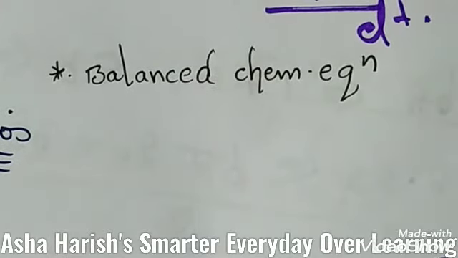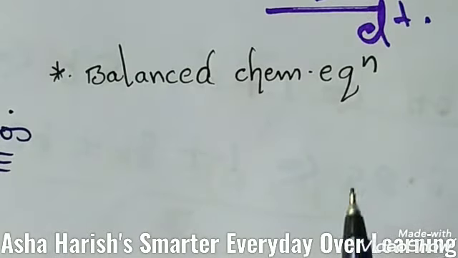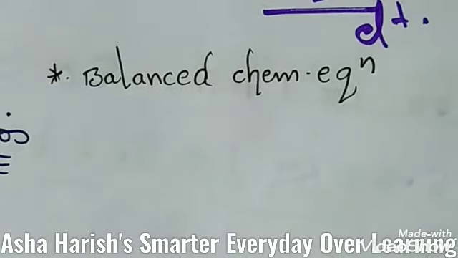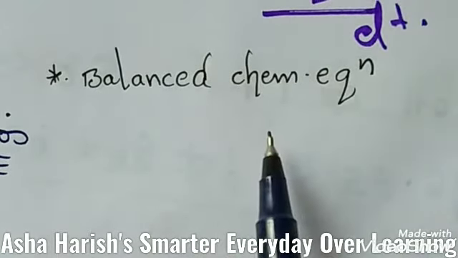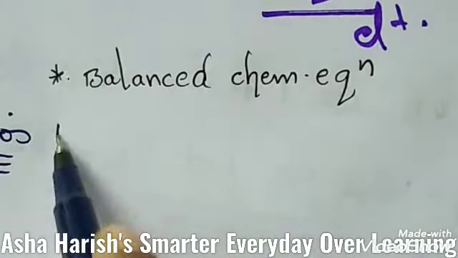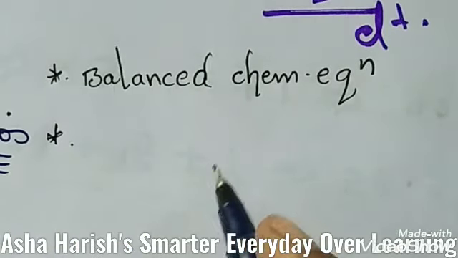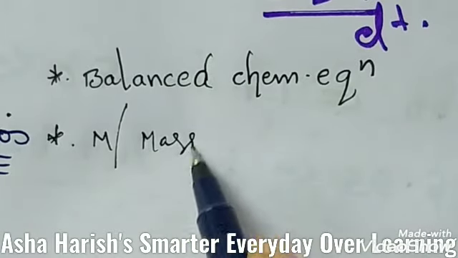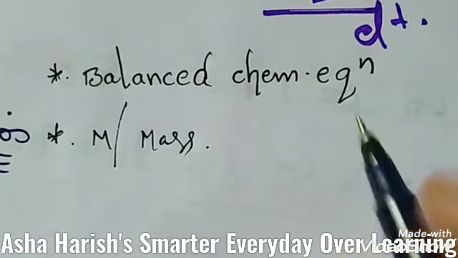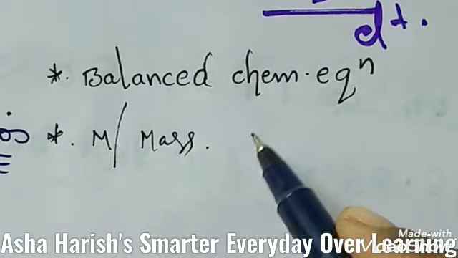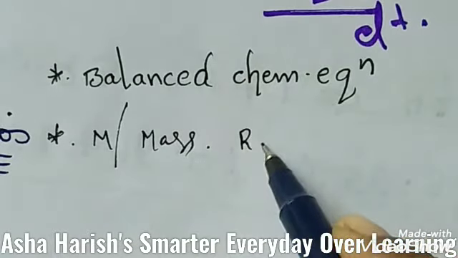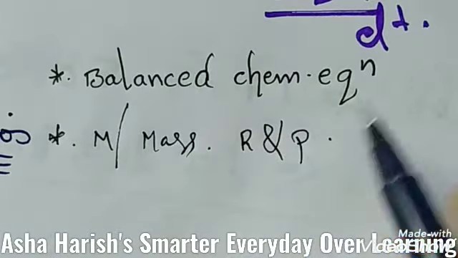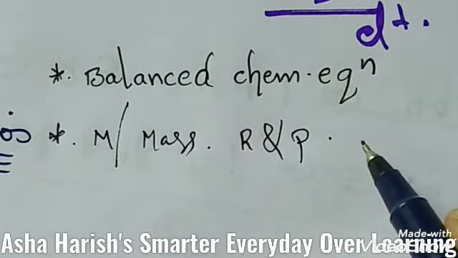Before doing that, let us see some more important points before solving the problems. First of all, you have to write the balanced chemical equation, and the second step is to write the relative number of moles or the relative masses, just like gram atomic mass or gram molecular mass of the reactants and the products, just below their chemical formulae.